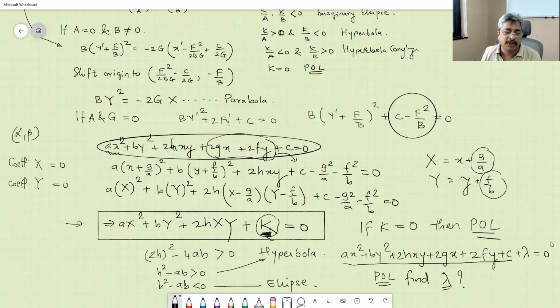That is a very important step. Suppose I want to shift the origin to alpha comma beta, what should alpha comma beta be, so that I get rid of the x and y terms?